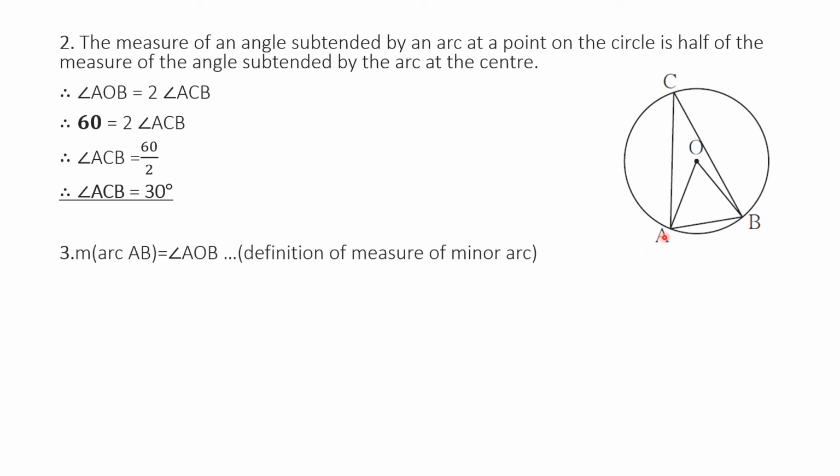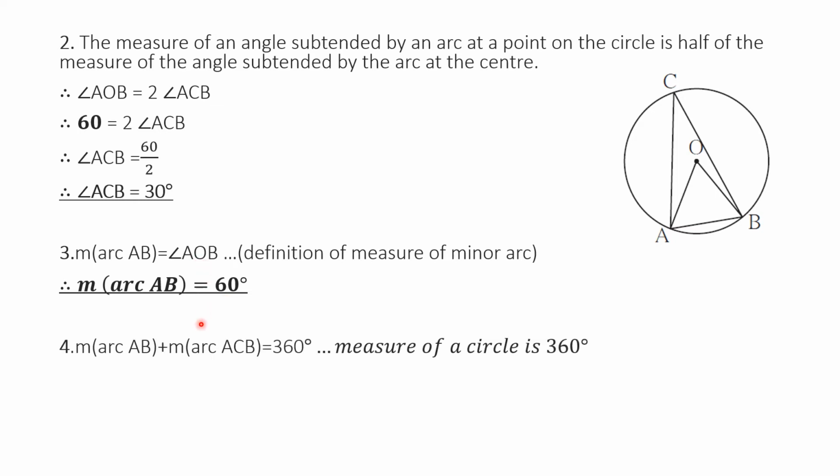Then measure of arc AB is equal to measure of angle AOB. You know the definition of measure of minor arc. Therefore, measure of arc AB is equal to 60 degrees by replacing the value of angle AOB. Then arc AB and arc ACB, these two arcs, if we add these two arcs, we get the whole circle.